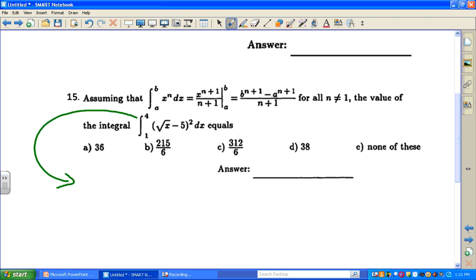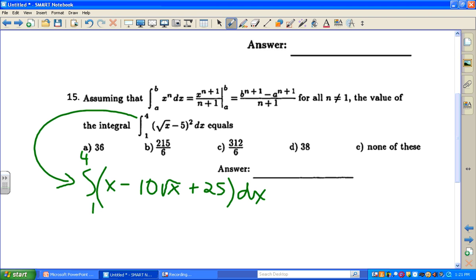I'll be honest that you don't know how to integrate this, so how do you multiply that out first? Today, you might learn how to integrate this. Yeah, you would pull it out. So it'd be from 1 to 4 of x minus 10 square root of x plus 25 all dx.